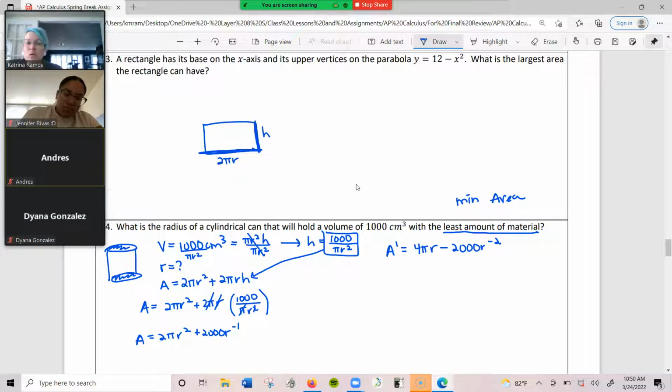And we're going to make it equal to 0, because to find the location of any minimum or maximum, that's where we're looking for our critical numbers. Okay? So let me rewrite this one more time so we no longer have this negative exponent. So 4 pi r minus 2000 over r squared.